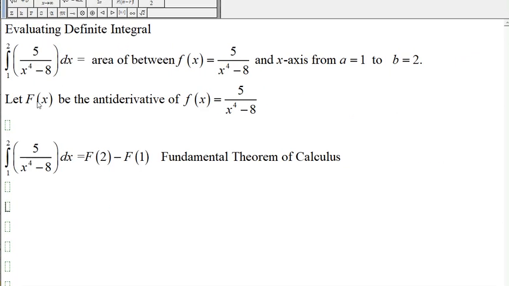And so let the big F be the antiderivative of this function right here. It should be minus 8.